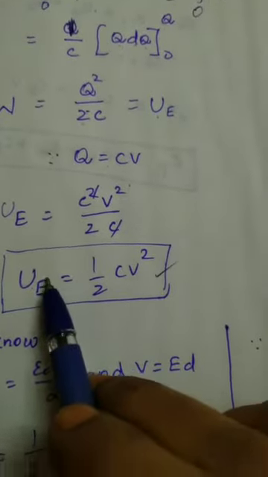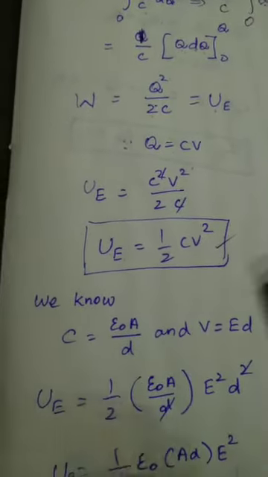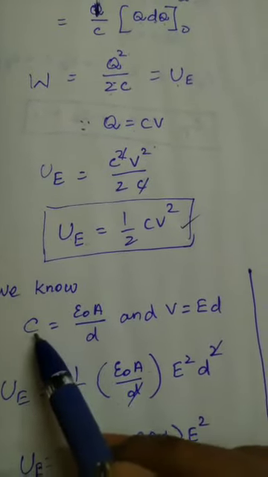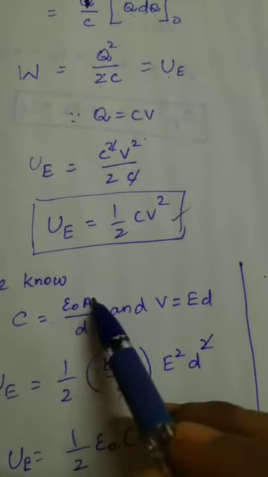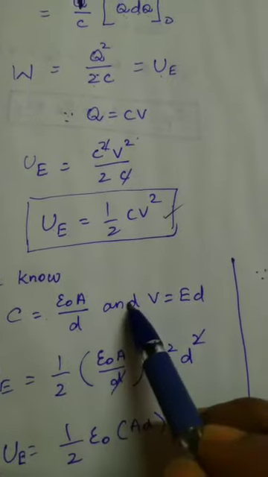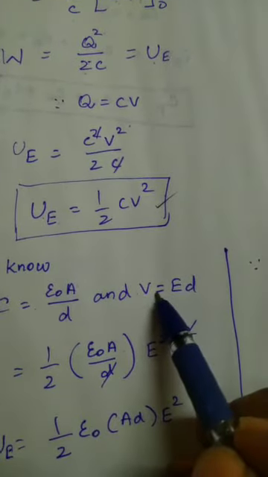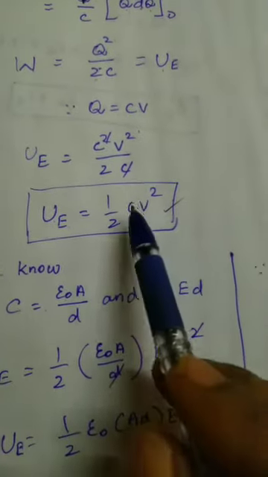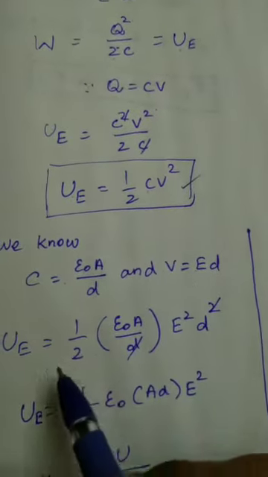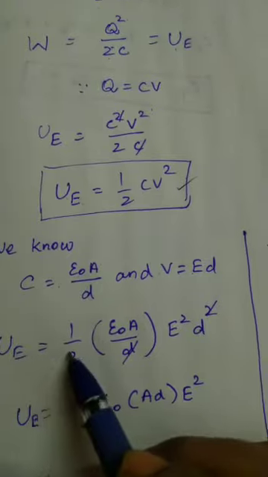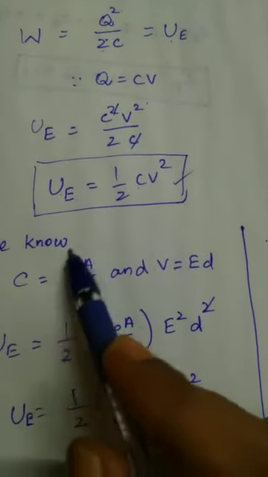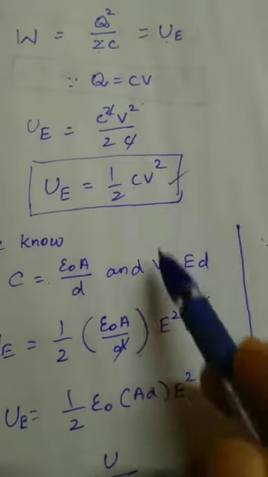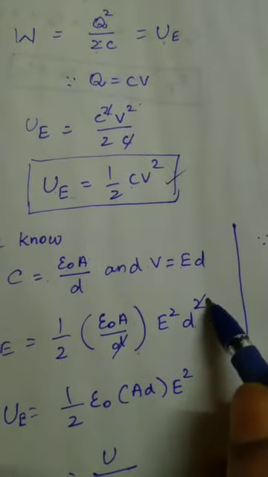Fine. From this equation we already found the capacitance of the parallel plate capacitor. C is equal to epsilon naught A by D, and the potential V is equal to E into D, right? Substitute all this in this equation, so that we get UE is equal to half into C value epsilon naught A by D, and V value, which is E square D square.